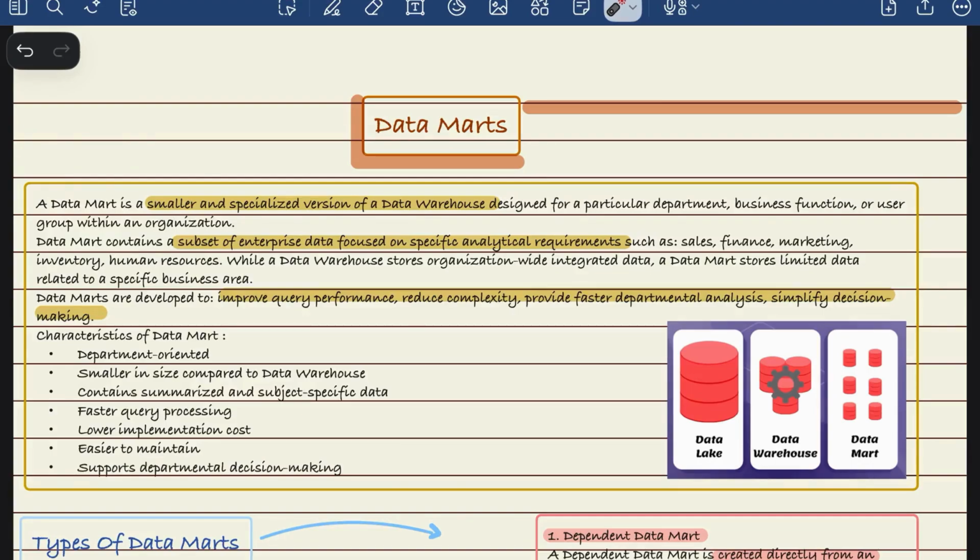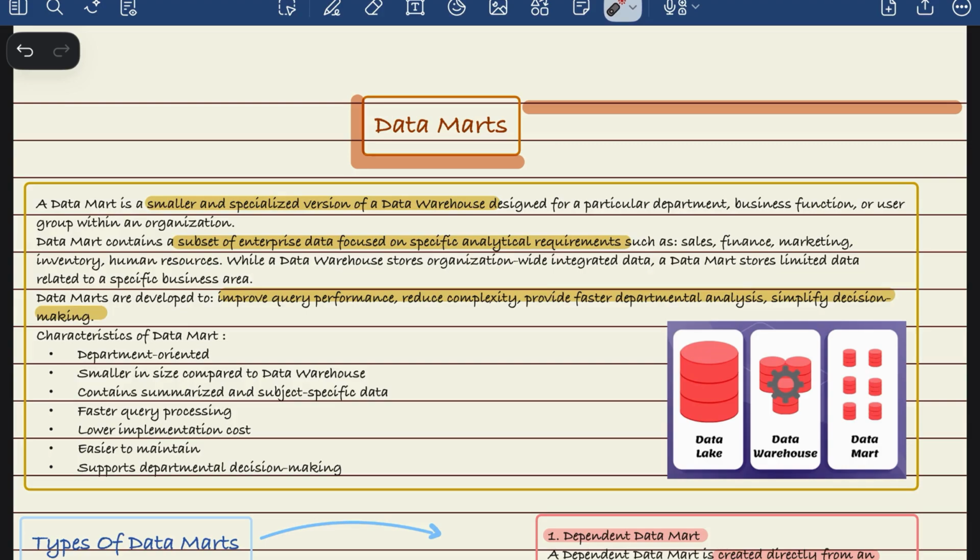Now let's zoom in on a highly scoring subtopic, data marts. As we have already discussed from our definition, a data mart is a smaller, specialized version of a warehouse built on a single department. So let's look at the three types of data marts. A data mart is a smaller, specialized version, a subset of the data focused on specific requirements.